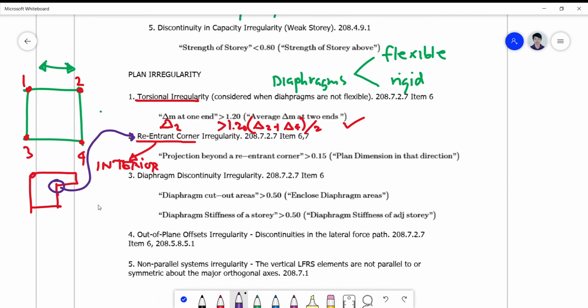When you build a building that is simple, symmetric, with no discontinuity, then that is the most durable building in terms of earthquake. Also, the saying goes that simplicity is beauty, so you might as well consider that in earthquake engineering.